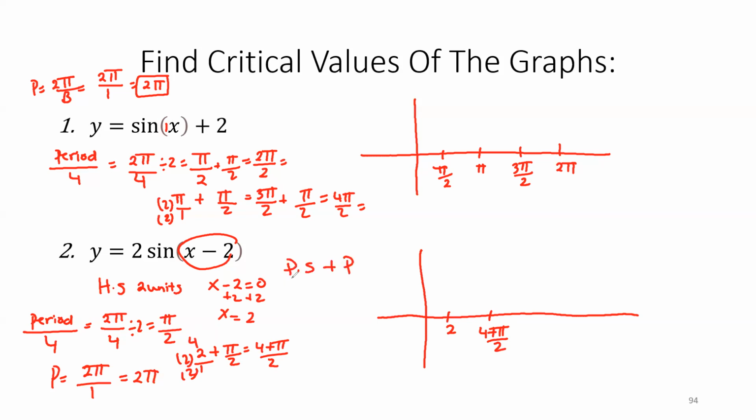We said our phase shift is 2, plus our period, which is 2 pi. So this would be your last term, which would technically be a decimal, but you can leave it like that. Now you know how to find the critical values when you have a regular sine graph with no phase shift and with a phase shift. Okay, let's move on.